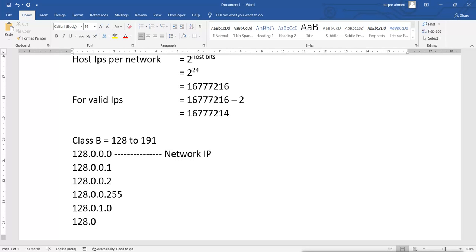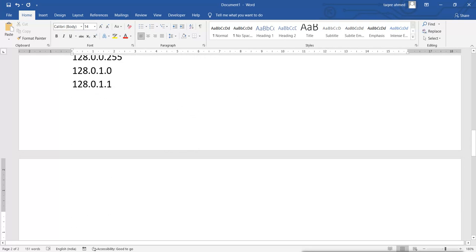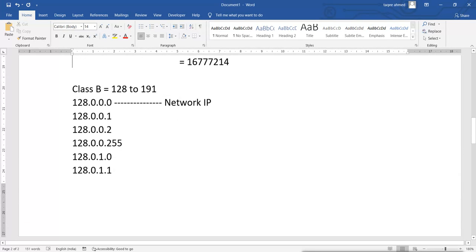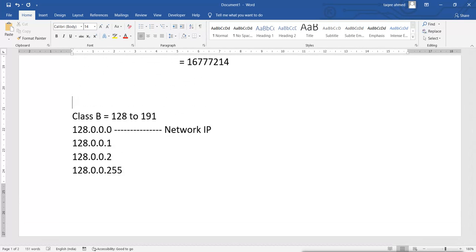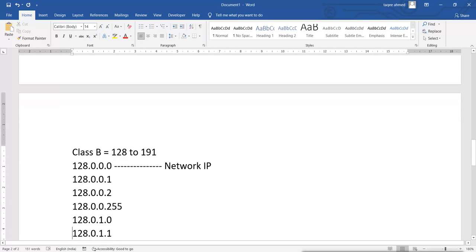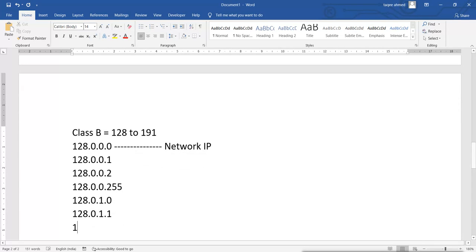Then it will start again from 1, then 2, then 3, then 4, then 5, then 6, until it becomes 255 again.